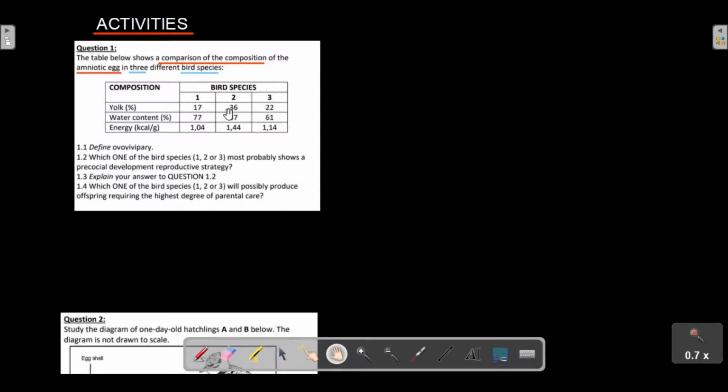Bird species 2 has a higher percentage of yolk, a bigger water content, and even more energy. So species 2 serves more nutrition to the developing embryo.